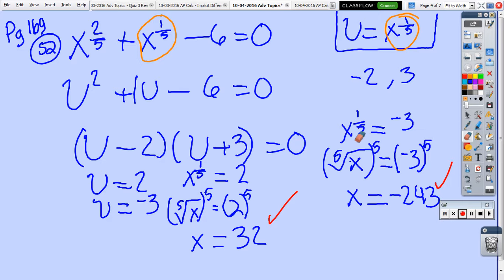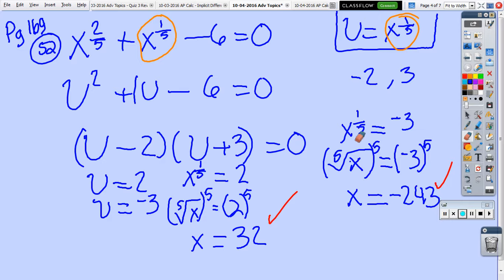Okay. How do you get x equals? What's your question? How'd you go from u equals 2 and u equals -3 to x equals 32 and x equals -243?